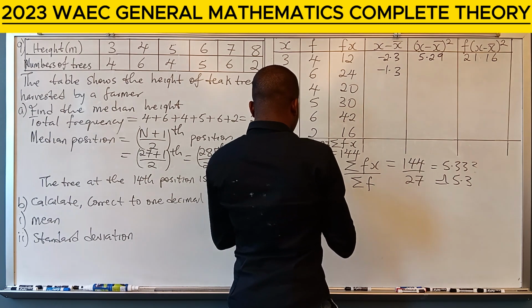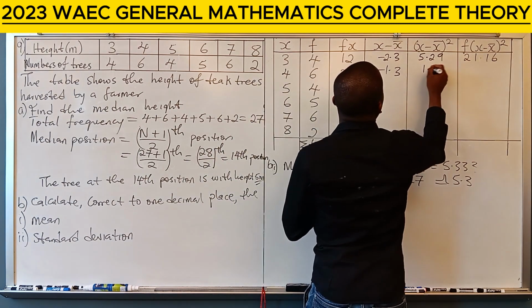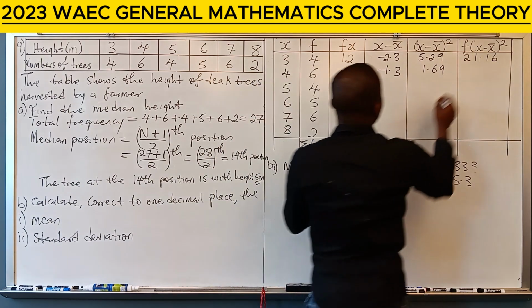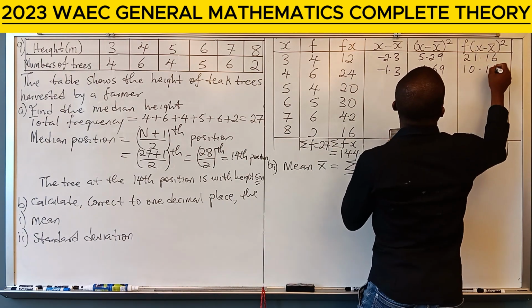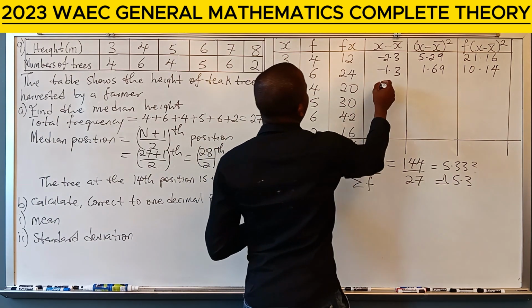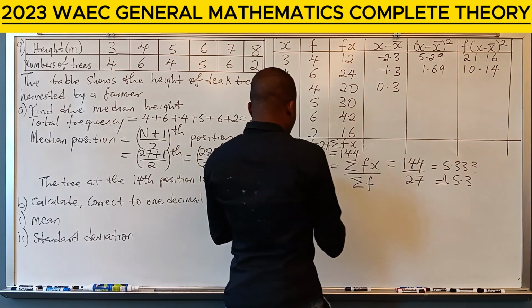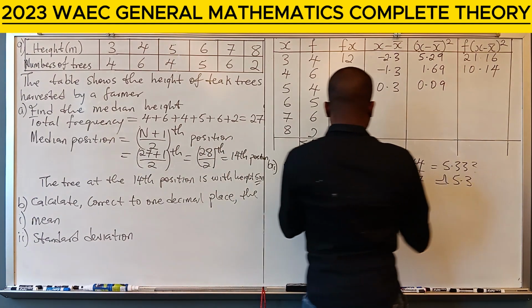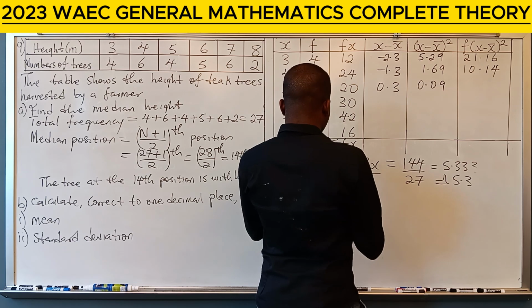And if we square it, we have 1.69. And if we multiply it by the frequency, which is 6, we have 10.14. 5 minus 5.3, we have minus 0.3. And if we square it, we have 0.09. We multiply it by the frequency, which is 4.